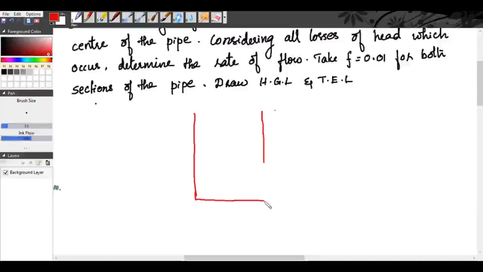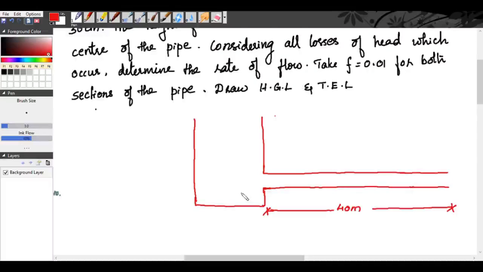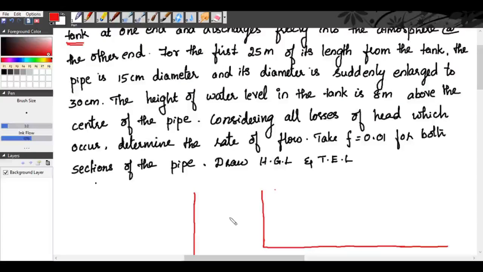And it is given the pipeline is horizontal. So this horizontal pipeline is 40-meter long. We know the flowing liquid is water, right? Water is the flowing liquid.